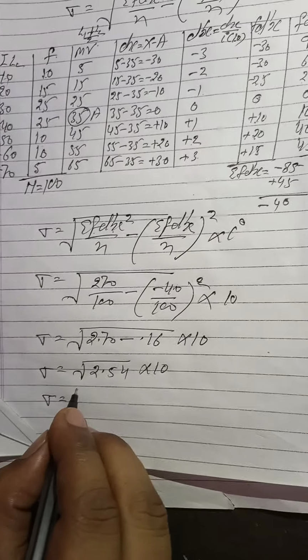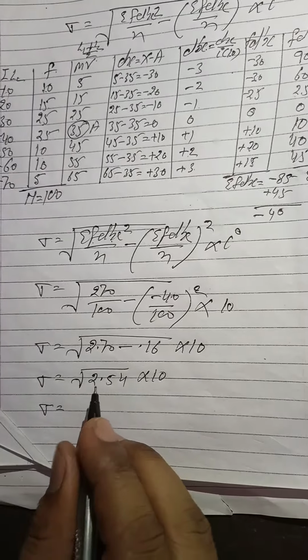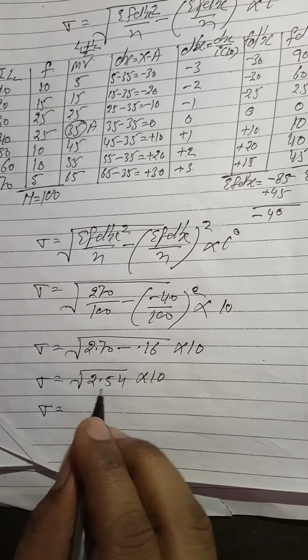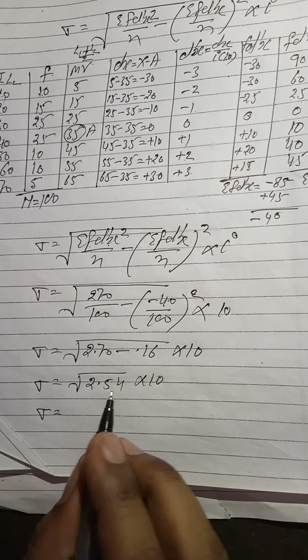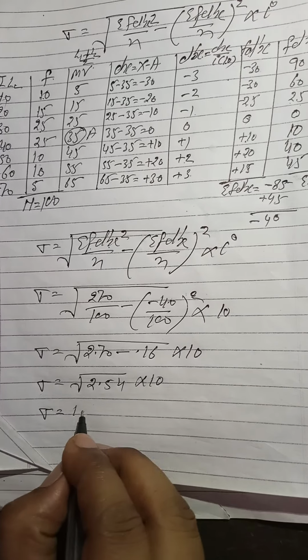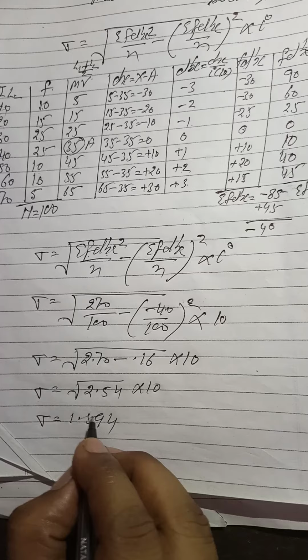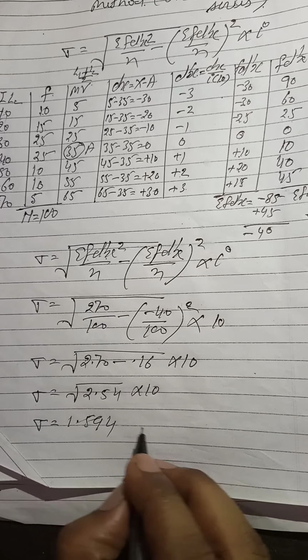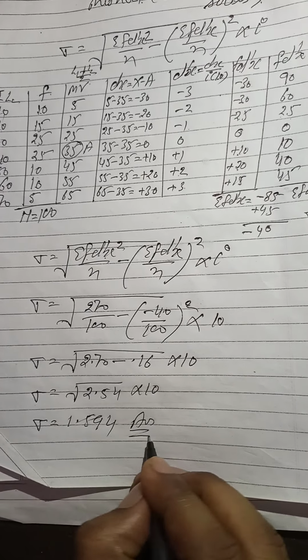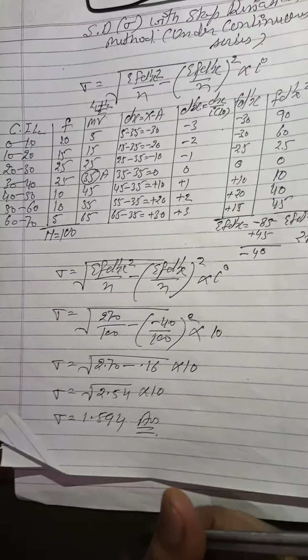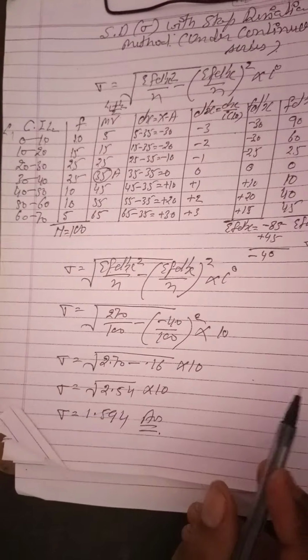Standard deviation is equal to 1.594. That's the answer. Clear, beta? That's your standard deviation with the help of the step deviation method.